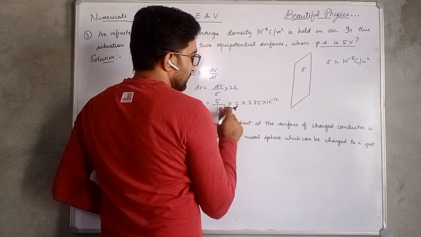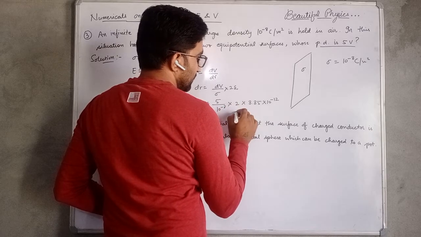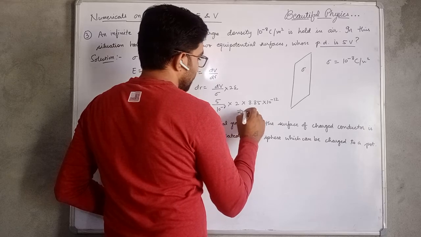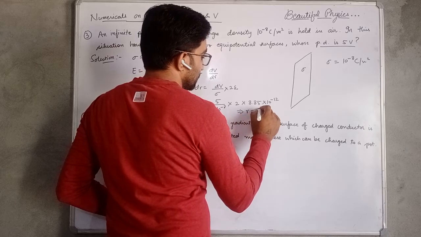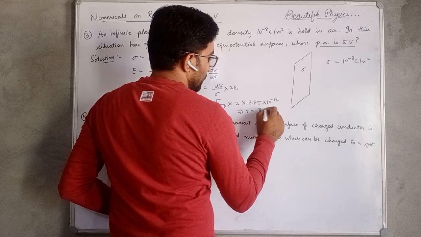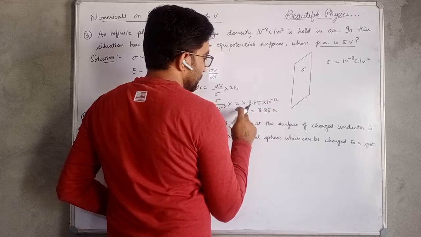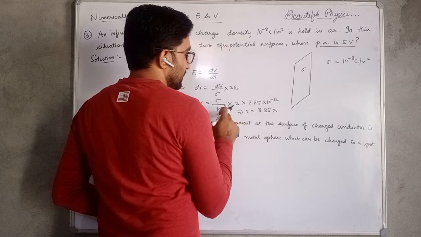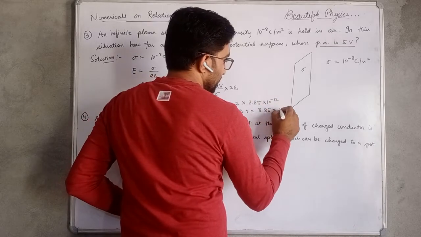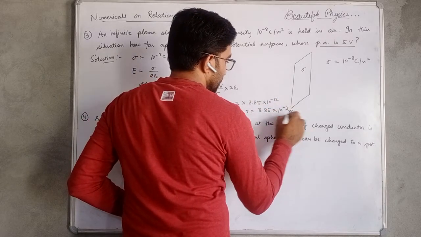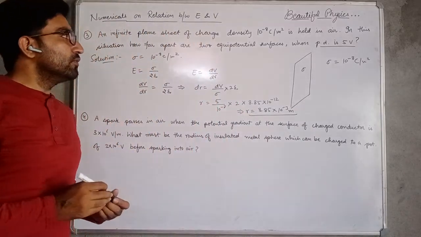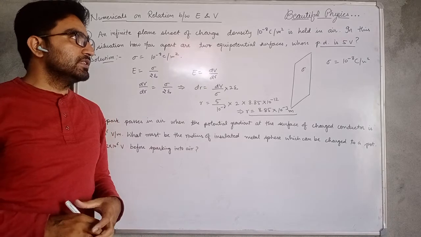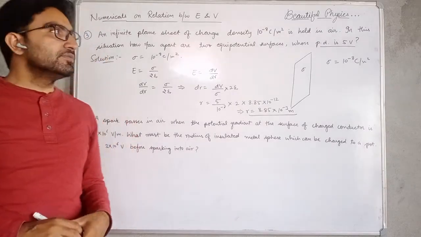So r will be equal to 5 by 8.85, and with the powers of 10 it comes to about 10 raised to power minus 3 meter. This is the distance between the two equipotential surfaces whose potential difference is 5 volt.